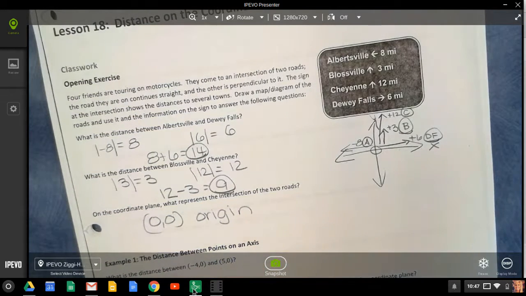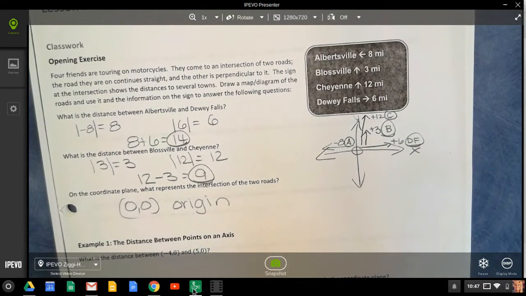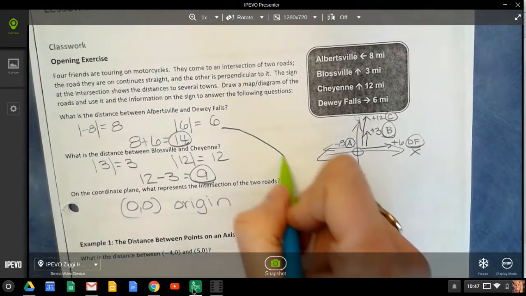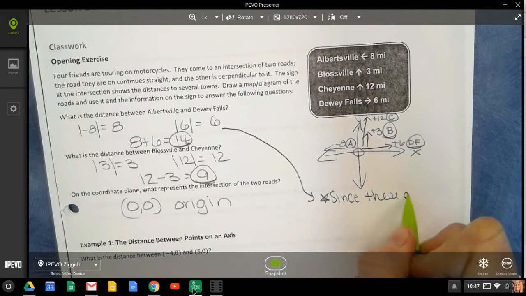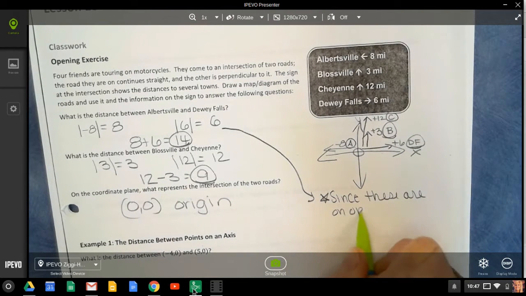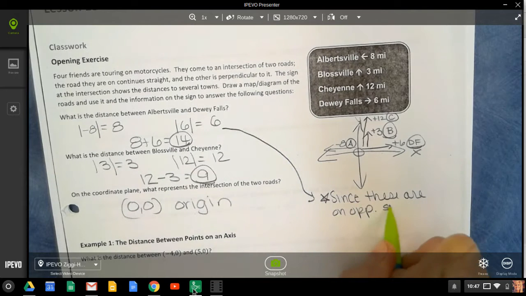Okay, so I want you to make a little note about this. So right here, I'm going to draw a little arrow pointing down here and put a star, and I'm going to say that since these are on opposite sides of intersection.